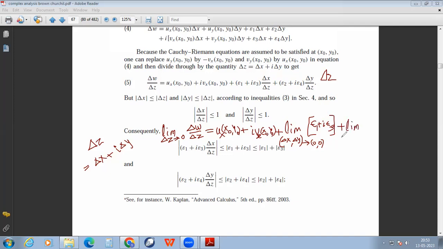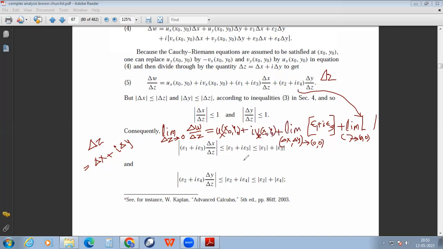This limit, again the same kind of condition and the same kind of thing carried forward. So what you observe, this goes to 0, this goes to 0, and this limit is equal to this value which already exists. Got my point?